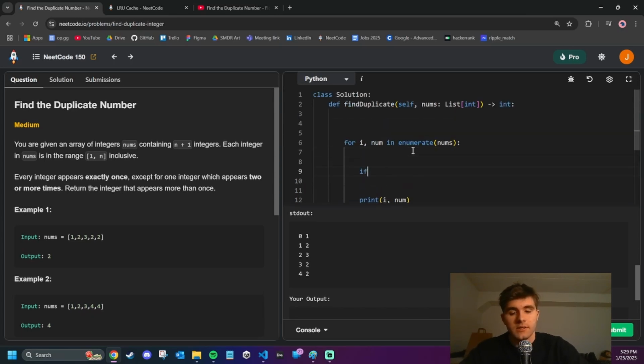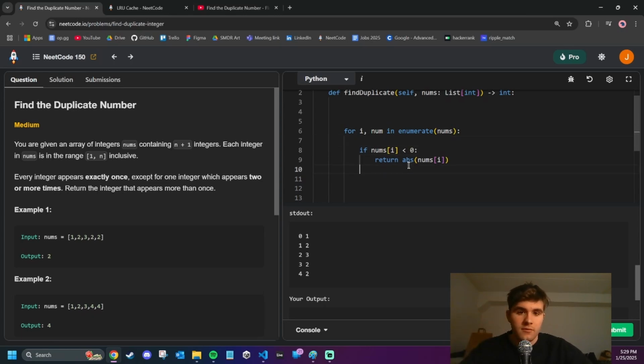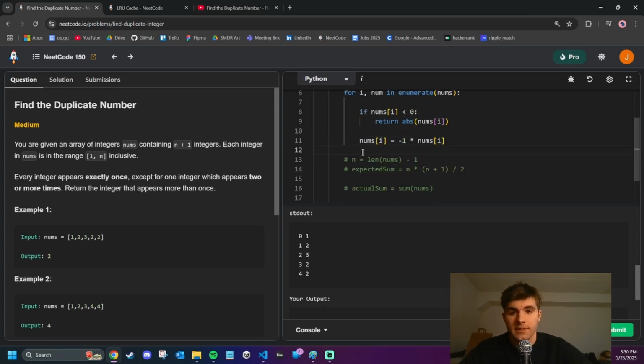So what we want to do is, if nums of I is negative, then return the value itself, nums of I. Okay, so if it's not negative, then we say nums of I equals -1 times nums of I. And I think that's literally it.